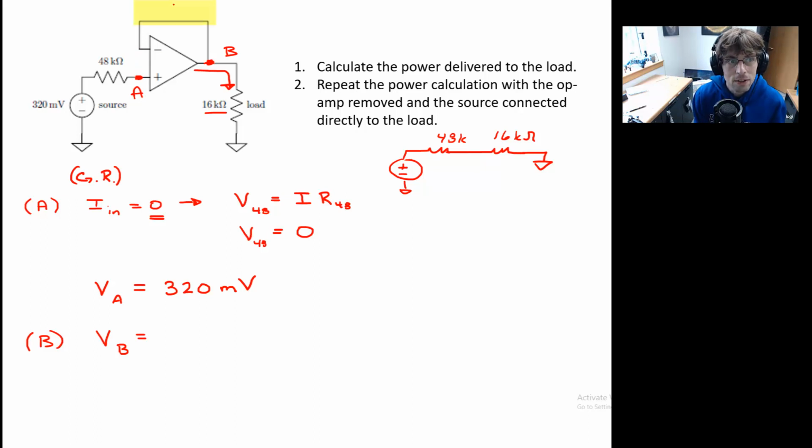And since there is no resistor in the feedback branch, we can say that our potential at node B equals the potential at node A, which of course is 320 millivolts.